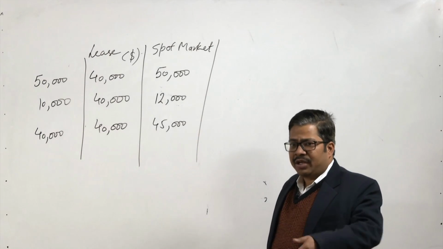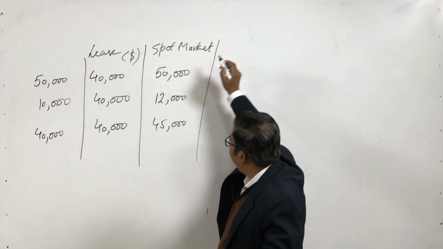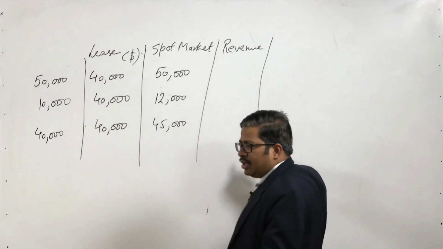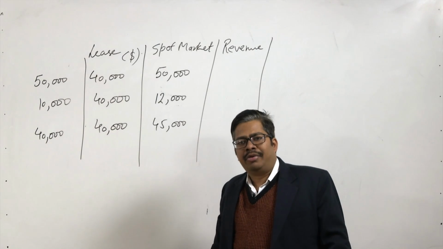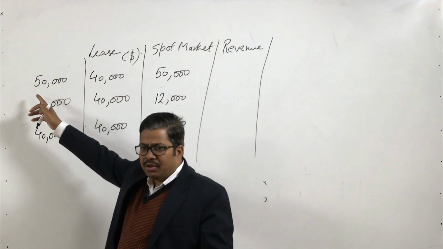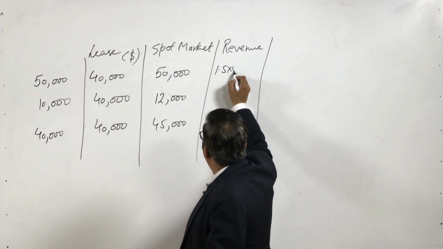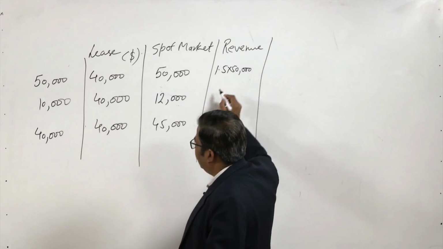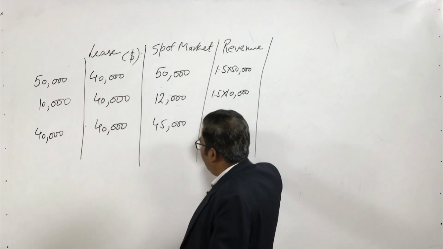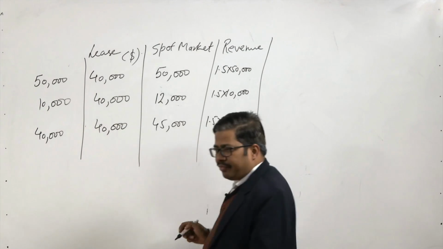The profit per unit which I am able to generate, not exactly profit, the revenue which I am generating, let us say that is $1.5 per unit. So I multiply the values by 1.5 into 50,000, 1.5 into 10,000, and 1.5 into 40,000.